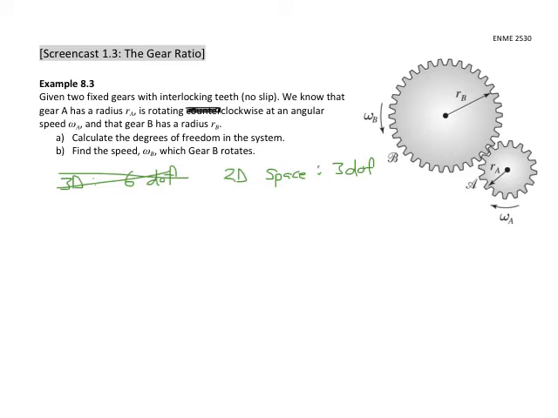Now we developed an equation in particle mechanics in which we said our degrees of freedom of the system, m, is equal to the number of degrees of freedom per rigid body, or per body. In this case we have 3 degrees of freedom per rigid body, multiplied by n rigid bodies, and then we subtract k, where k is the number of constraints in the system.